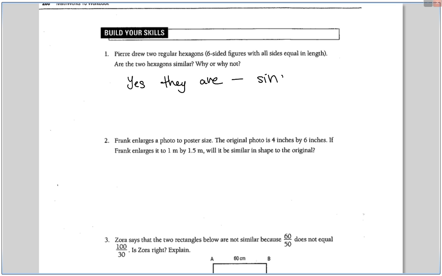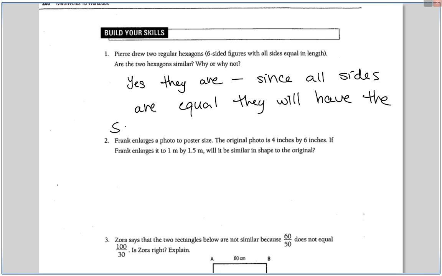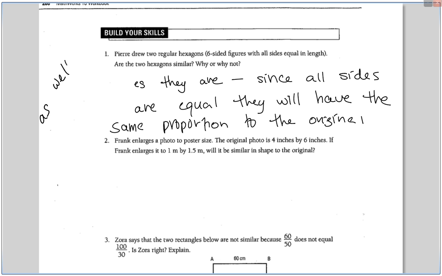Since all sides are equal, they will have the same proportion to the original shape. And as well, all angles are still the same.